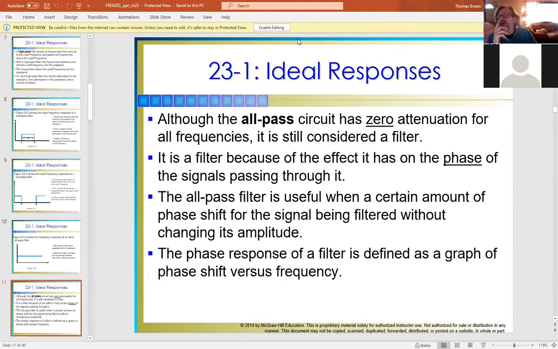You could use an all pass filter, and what it would do is take that signal in and isolate it. Here's my original signal, and then it reproduces it coming out this end, but the two are not related. They would have an isolation barrier at some point, partly with this circuit, and we could reproduce that original signal without using that original signal.